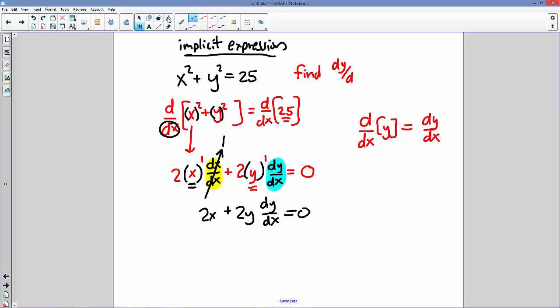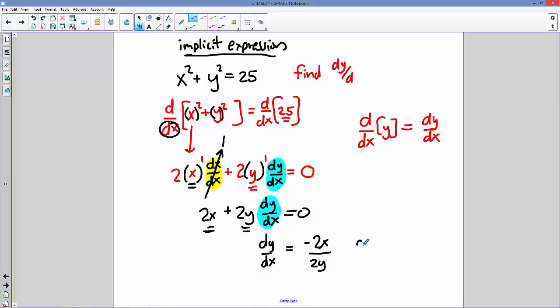Okay, and remember, I'm trying to solve for this. So I'm going to subtract 2x from both sides, and then I'm going to divide by 2y. I'm not going to show you all that work just to save a little time, right? So I'm going to subtract 2x from both sides. Okay, and then I'm going to divide by 2y because this dy dx is being multiplied by 2y.